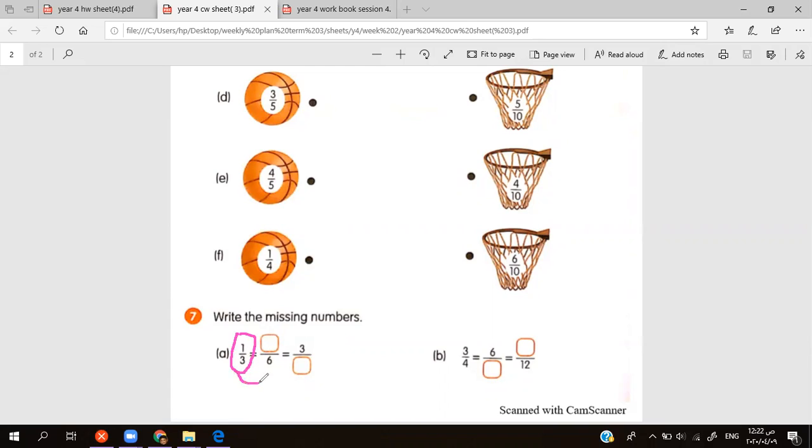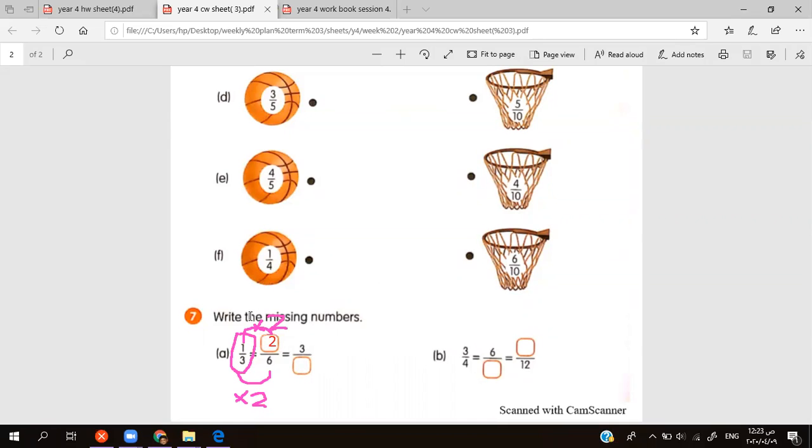How did the 3 become a 6? By multiplying by 2. Since I multiplied down by 2, I will also multiply up by 2. 1 times 2 is 2. Okay, this is very easy. Don't make the mistake of starting from here. No. I always start from the one that was complete at the beginning, which is the 1 over 3.